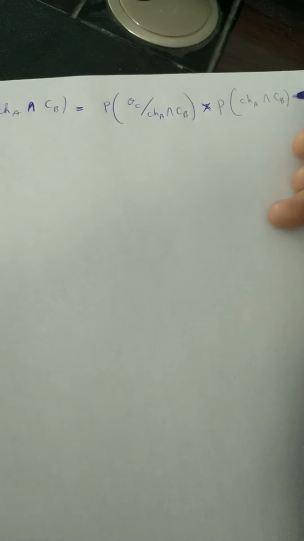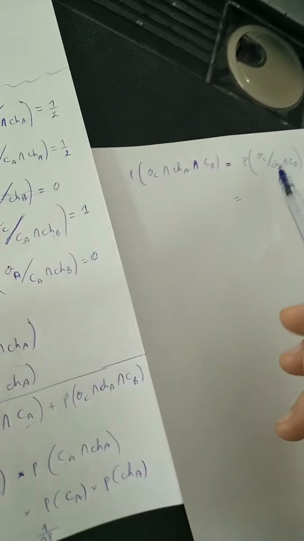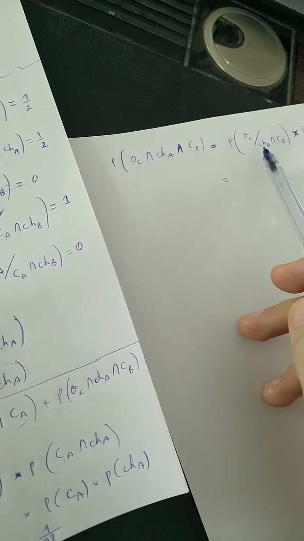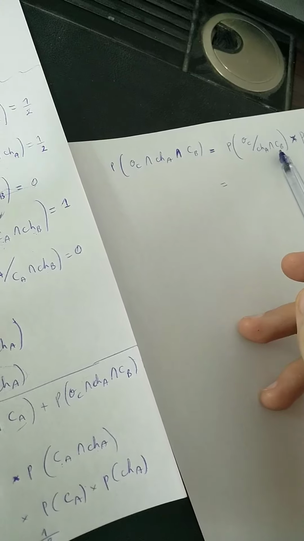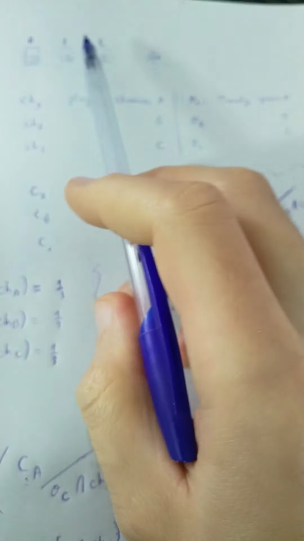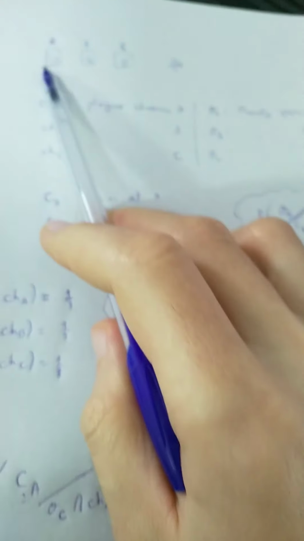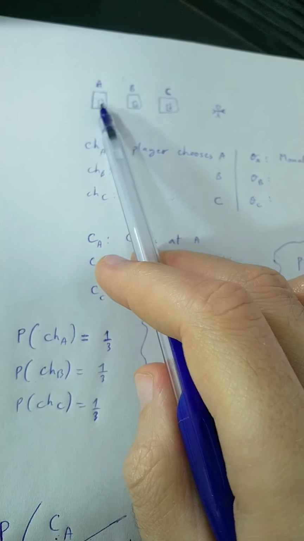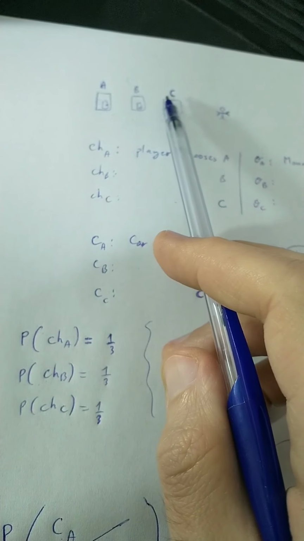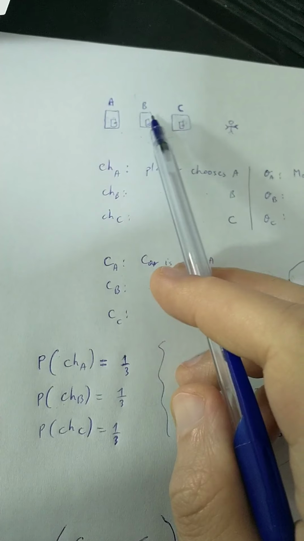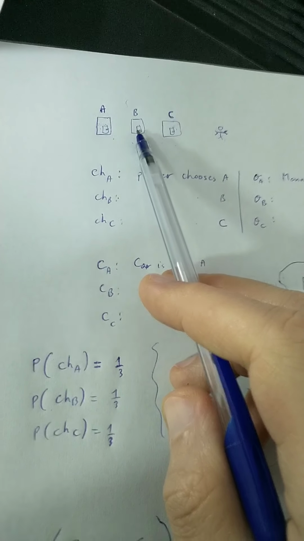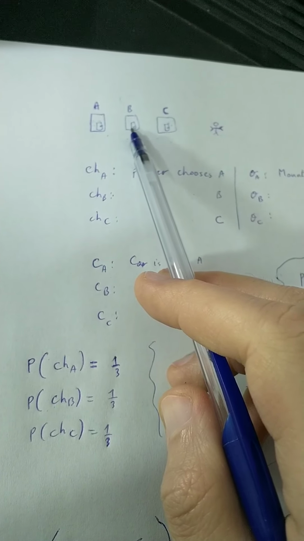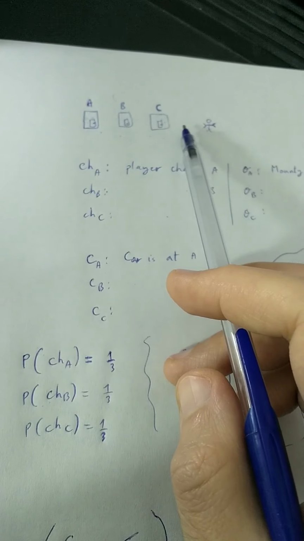Intersection CB. So again, the statement of the problem: you've chosen A and the car is at B. Since you've chosen A, Monty would open B or C, but since the car is at B, Monty has no choice but to open C, okay?